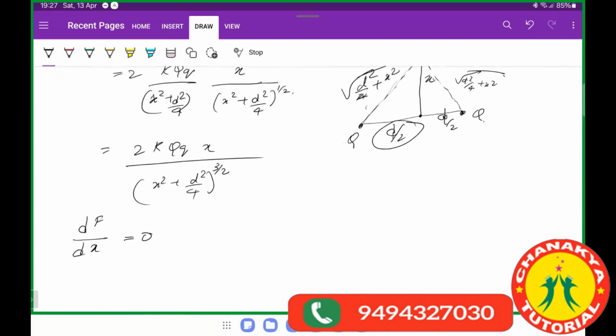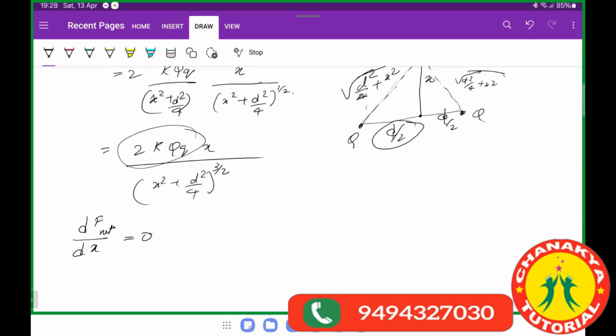Let's start the differentiation, or let's take the net force. So this KQq is constant. Keep it, bring this to 0. No need to worry about this, guys. Just x. Sir, is it d by 2 root 2?